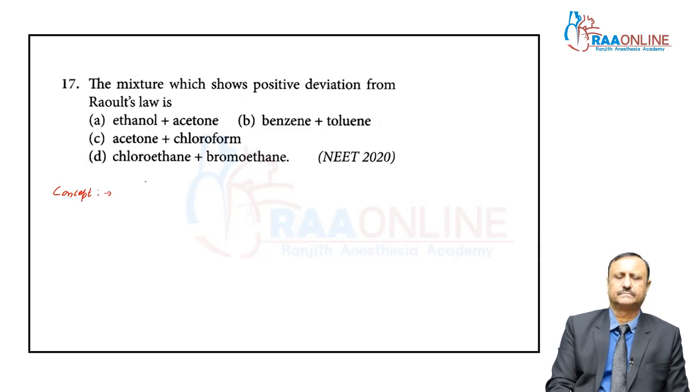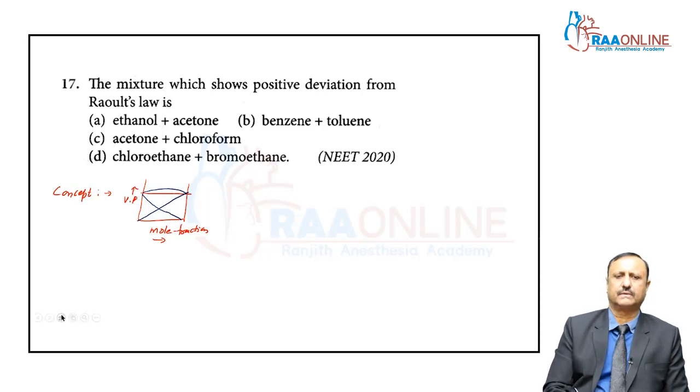Raoult's law: for those solutions, when we plot the vapor pressure and mole fraction graph, with vapor pressure here and mole fraction here, you can see a straight line is obtained for ideal solutions.